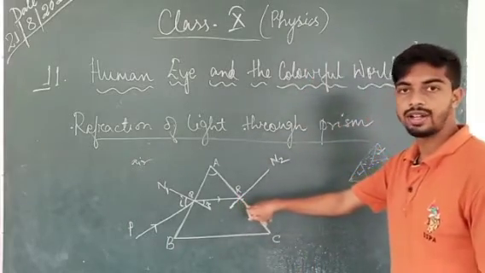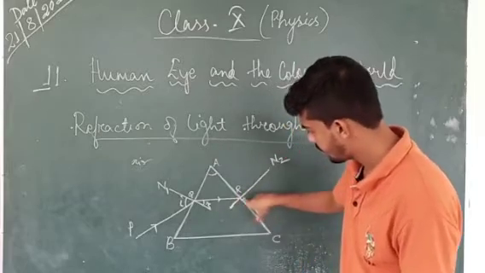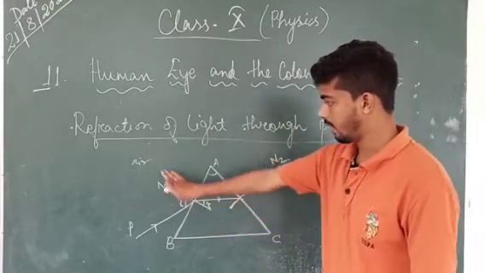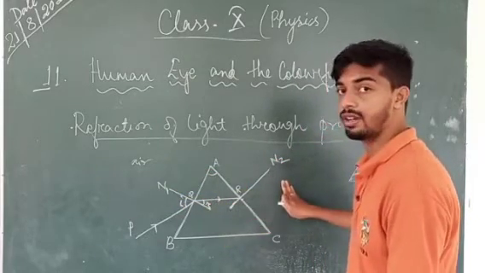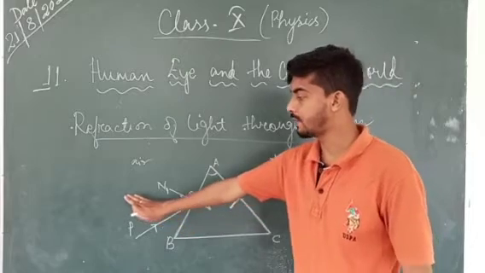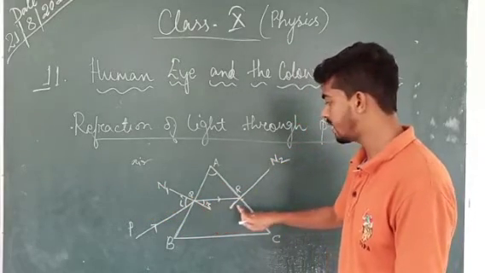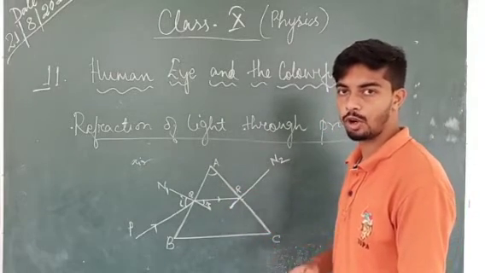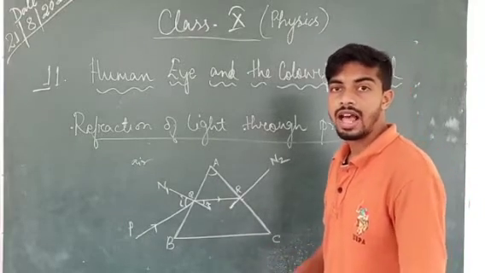This is the point where it is falling on the side AC. Now, rarer medium, denser medium, rarer medium. As the light is passing from rarer to denser, it will bend towards the normal. As the light is going from denser to rarer, it will bend away from the normal, which we learned in the previous chapter in glass slab.